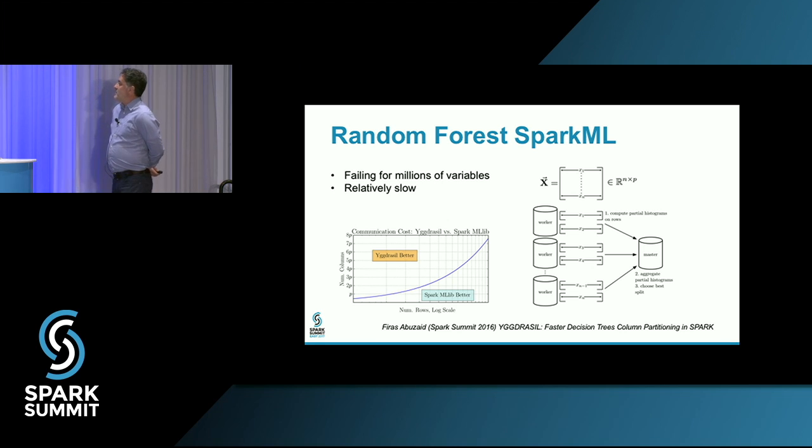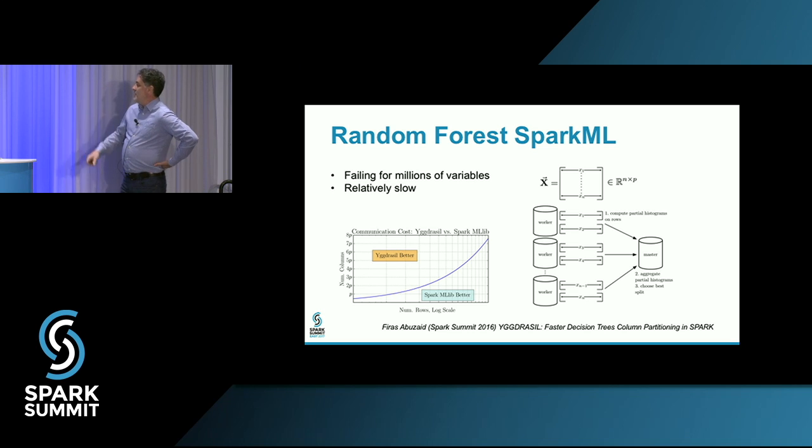One of the reasons is that random forest in Spark is optimized for data with many, many rows, but not too many columns. The chart shows that as the number of columns grows, Spark becomes less and less efficient, and the communication overhead essentially kills the performance.